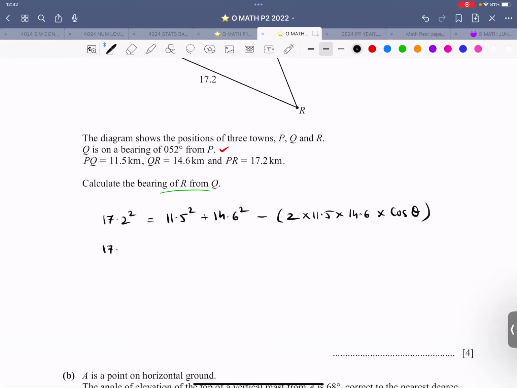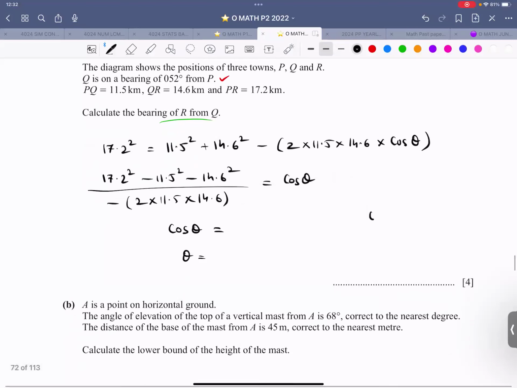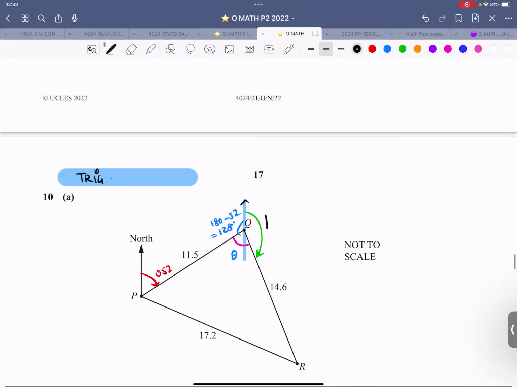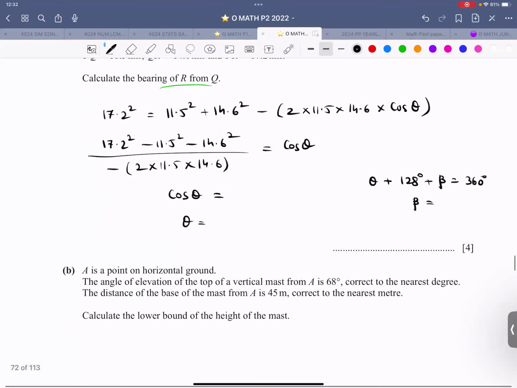So therefore 17.2 squared minus 11.5 squared minus 14.6 squared, divided by negative 2 into 11.5 into 14.6, is equal to cosine of theta. So let me first make cosine theta the subject, then I'll be able to find theta. And once I found theta, theta plus 128 degrees plus, let me label this thing as beta, should add up to 360 degrees. I'll find the value of beta, that is my bearing.